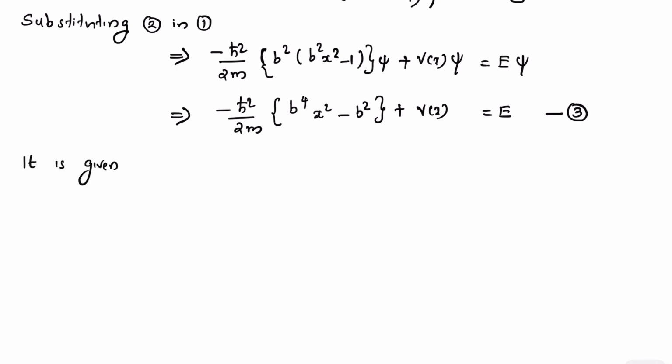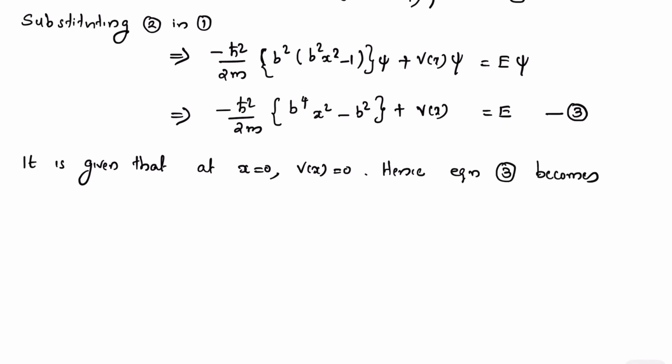Now you apply the boundary condition. It is given that at x equal to 0, the potential is 0. Hence equation 3 becomes minus h bar squared by 2m into minus b squared, that is equal to E, or E is equal to h bar squared b squared by 2m.